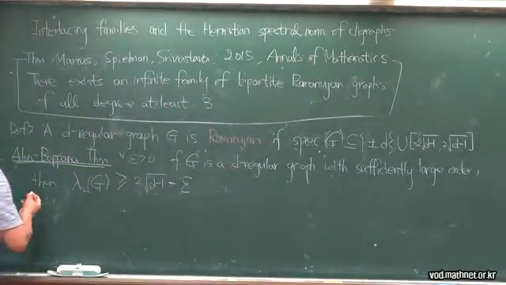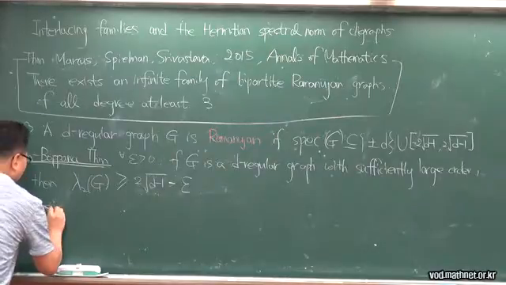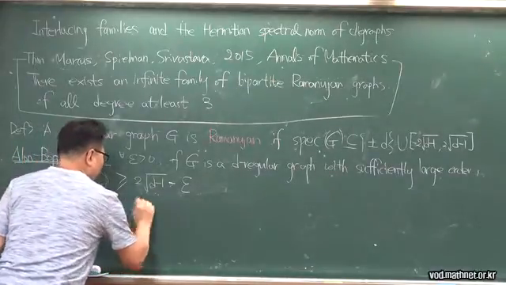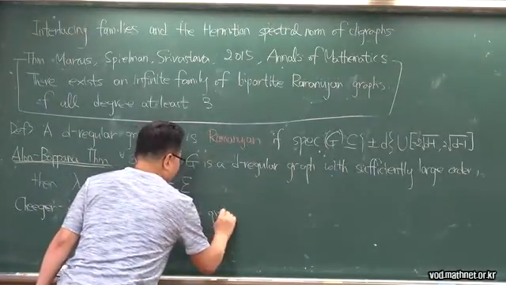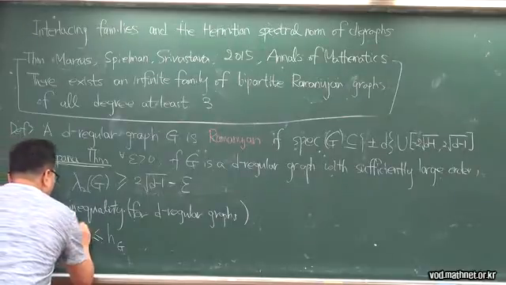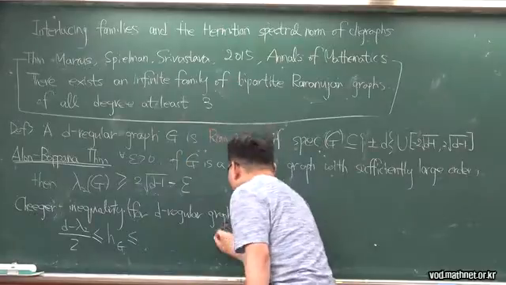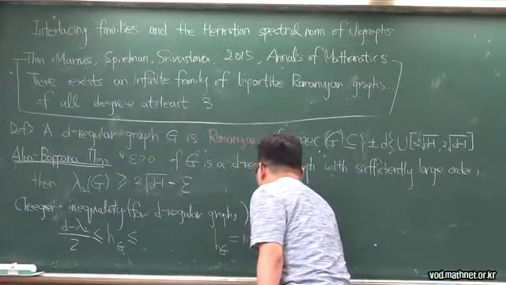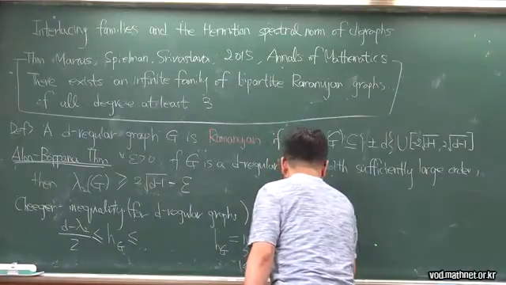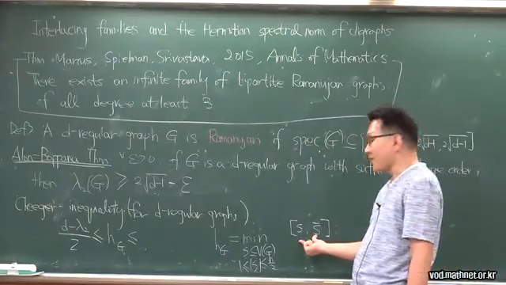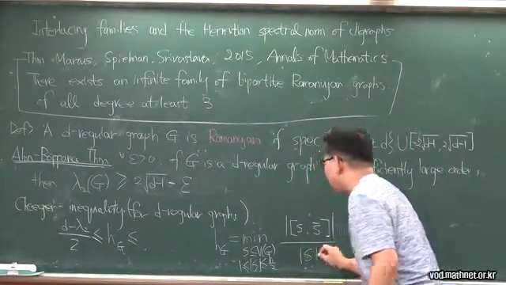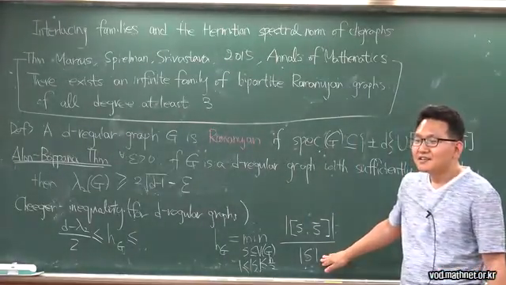Here is the Cheeger inequality, for a regular graph. h_G is called the Cheeger constant. It is defined as the minimum over all vertex subsets S with size at most n over 2 of the number of edges between S and the complement of S, divided by the size of S. Roughly speaking, this is a kind of edge connectivity of a graph.